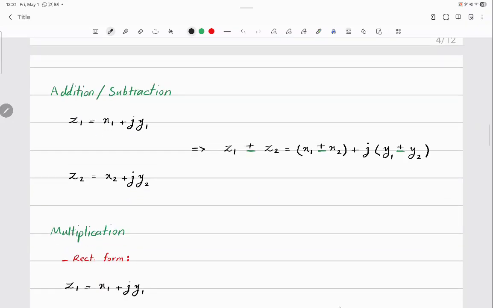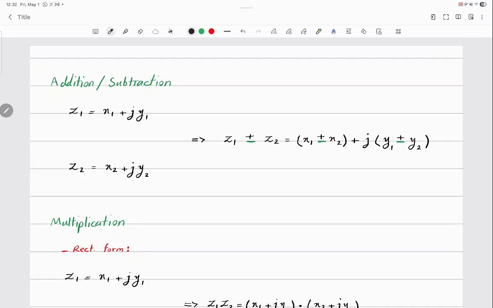This addition and subtraction, you're never going to use this in this course because your calculator does this for you. But I just want you to know that, for example, if I'm adding two complex numbers, the real parts should be added together, the imaginary parts should be added together. So you need to do two additions, actually. The same for subtraction.